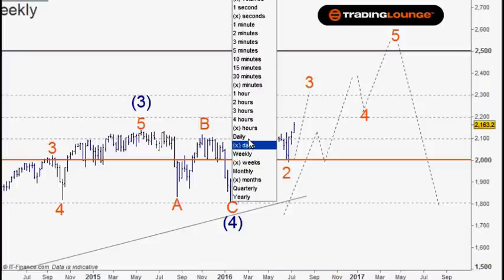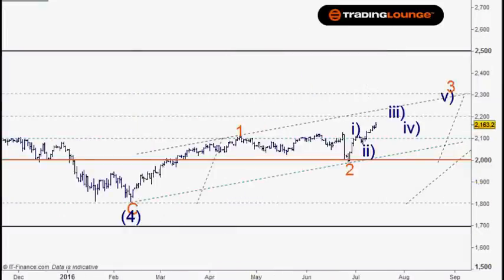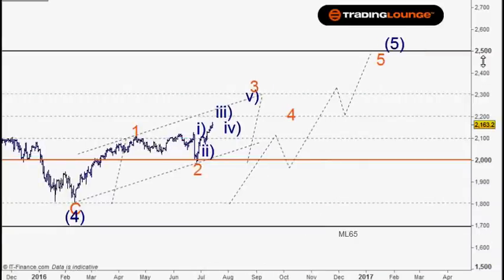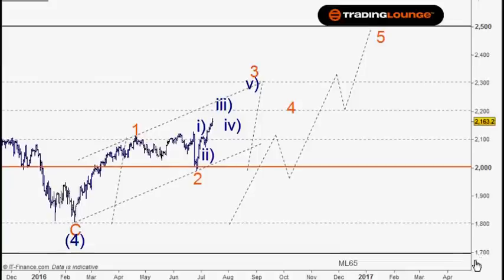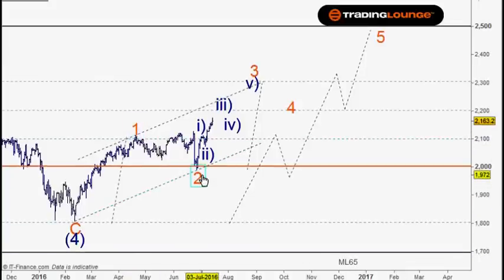So drilling into the daily chart, this is what we're looking at. In wave 1 and wave 2 here, we're looking for 5 waves. We know we've got wave 1 in here and wave 2 here. We're looking for wave 3 now, which could come to 2,200 or maybe just fall short of that as well.